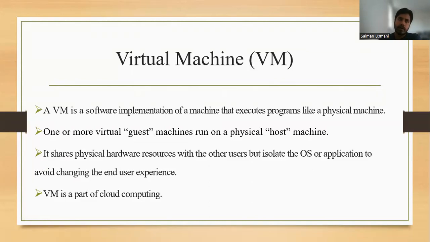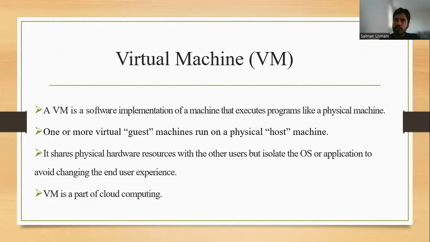So if I make it easier in words, suppose you have your laptop in your hands. That is your physical machine, or you could say your physical host machine. And when I say physical, that means you could see it and touch it with your eyes and hands. So that's your physical host machine.